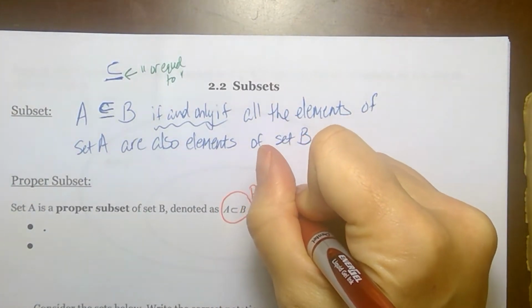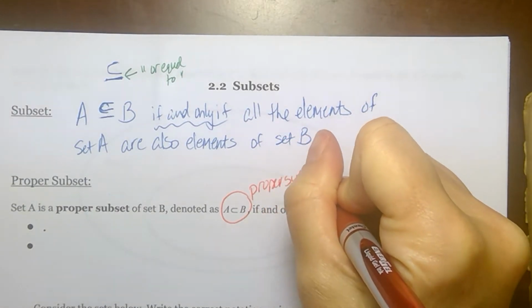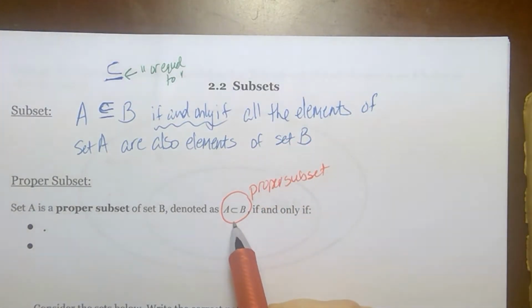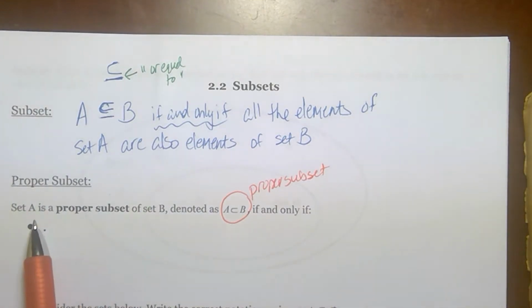This is my proper subset symbol. What do you notice is different? Well, it does not say or equal to. So it's a proper subset.